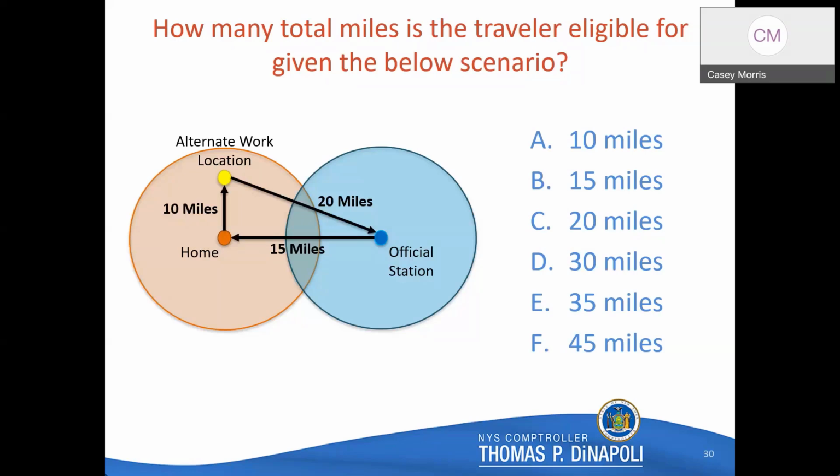I've seen a little bit of everything here. And I will confirm that D is the correct answer. So lesser mileage rule would be applicable here, but since the miles from home to the alternate work location is already less than the miles between the alternate work location and the official station, therefore, they can claim the 10 miles plus the 20 miles. And then that 15 miles is commuting miles and is therefore not reimbursable.